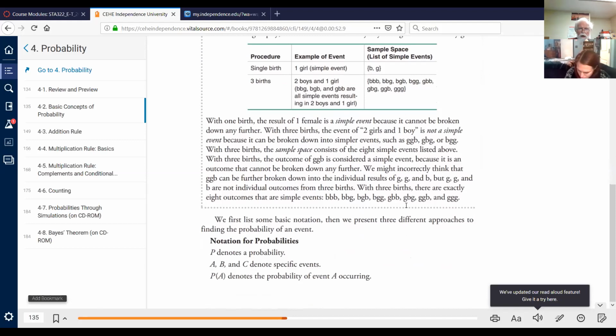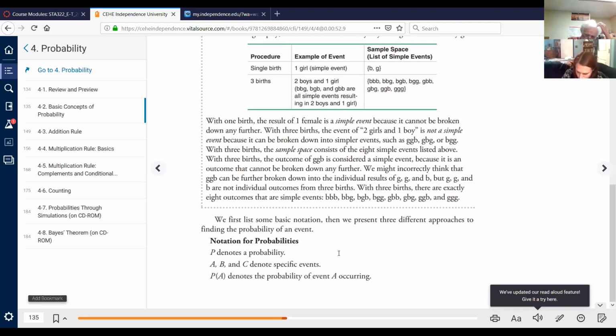So let's look at some notation. First off, capital P denotes a probability. And then we can use almost anything else to define the specific event. Sometimes we'll name it.